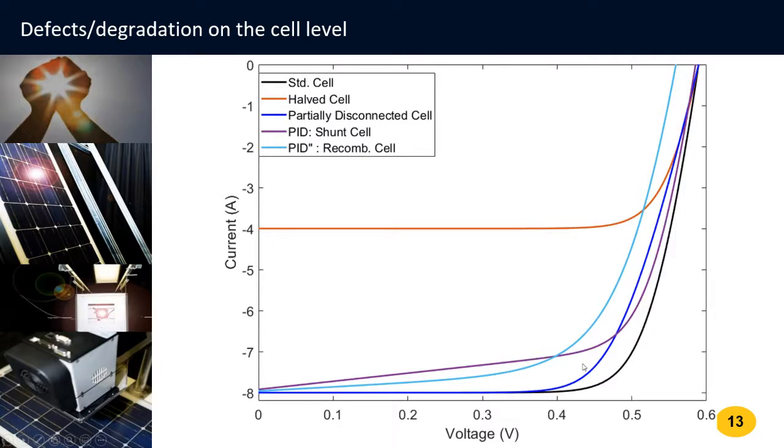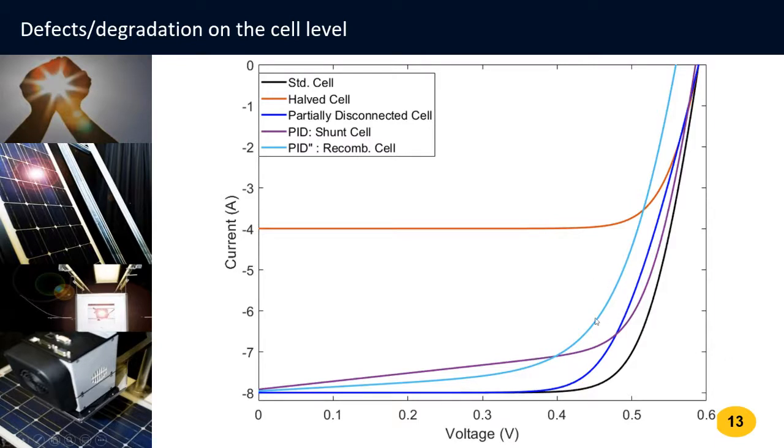Because the cells are in series, the current will be set at about 7.5 amps for maximal power point, which would then reduce the voltage of this cell to a non-optimal level, approximately 0.32 instead of, let's say, 0.46. Is that effect massive? Probably not, but on the large scale, it would add up.